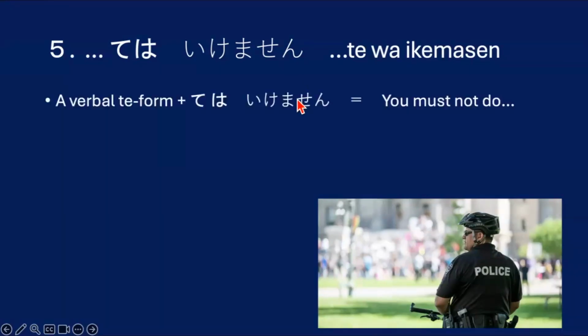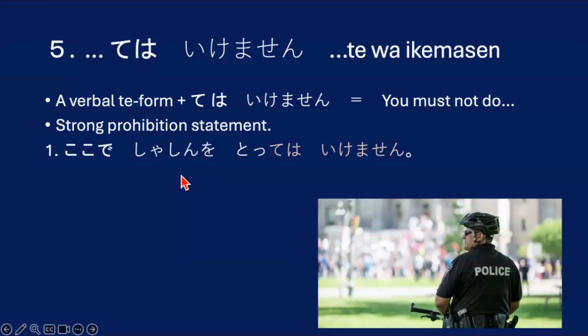So you must not do something. It's pretty firm, but still it's a masen form, so it's still polite, right? So you're just assertively saying someone must not do something. All right. So it's a strong prohibition statement.